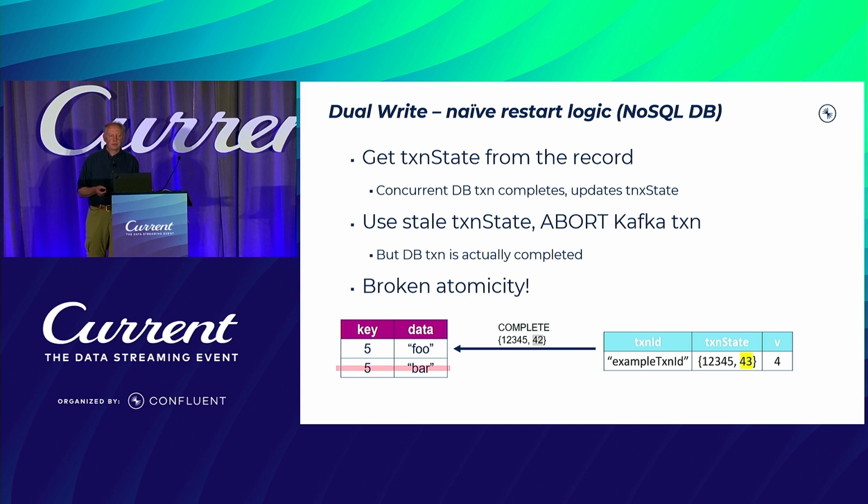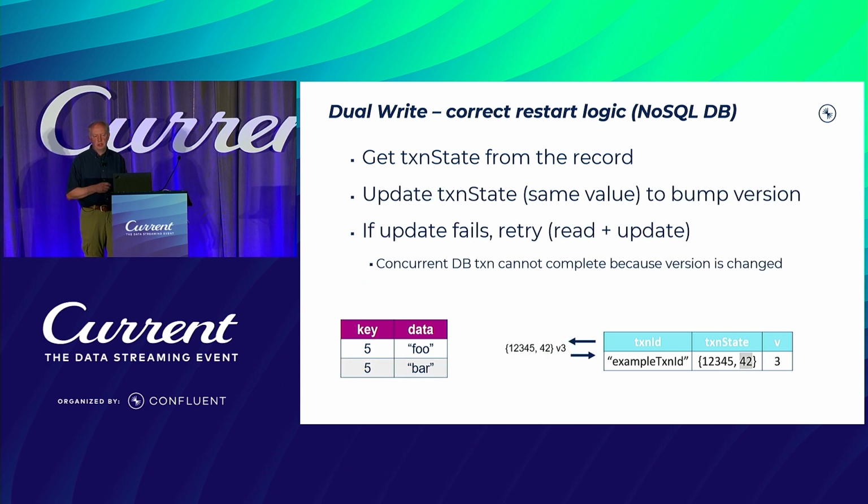To fix this, we need a little bit more sophisticated logic on restart. When we read the transactional state from the record, we cannot just use it and complete the transaction. We need to prevent concurrent transactions from completing and messing up the state. To do that, we update the transactional state with the same value to bump the version.